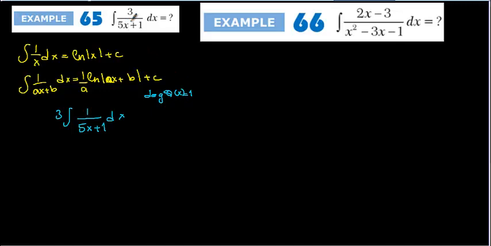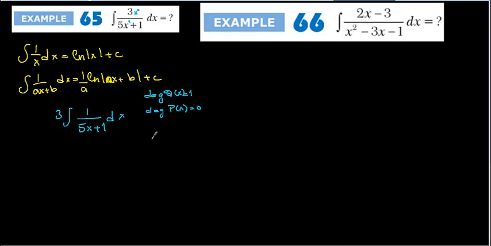The degree of the polynomial, the power here, what is that? It's 1. And here we have x to the power of 0. That's why the degree of p(x) is 0. So the degree of p(x) is 1 less than the degree of q(x).